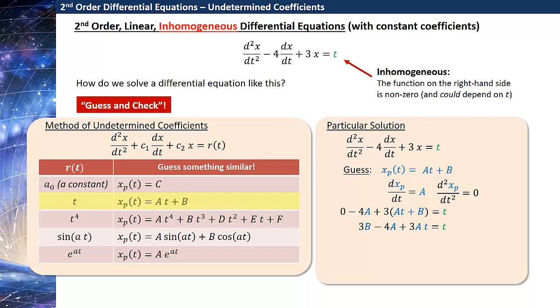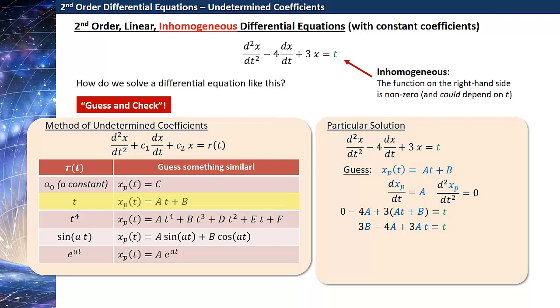Let me just multiply out that third term, distribute the 3 through, and then group terms. So I'm grouping 3b minus 4a, those are just constants. And then there's a term that looks like 3a times t, so that term depends on t, and this must now all equal t. A general strategy in solving a differential equation like this is you're going to match powers of t or functional forms on both sides.